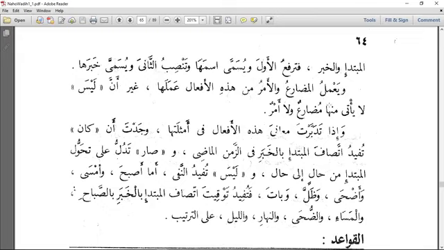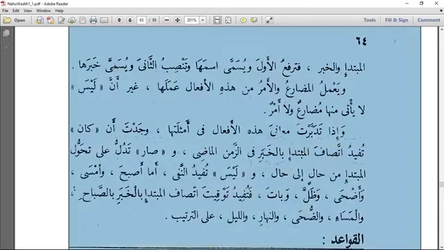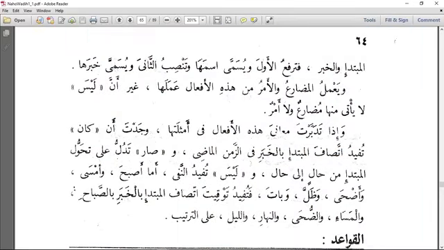So he said if you ponder over the meaning of these verbs in their examples, you will find that kana denotes the description of the mubtada with the khabar in the past.